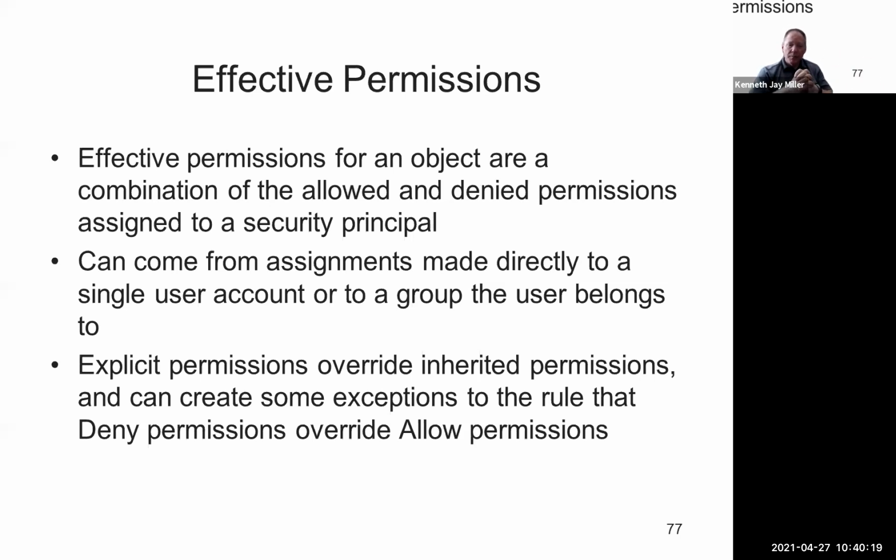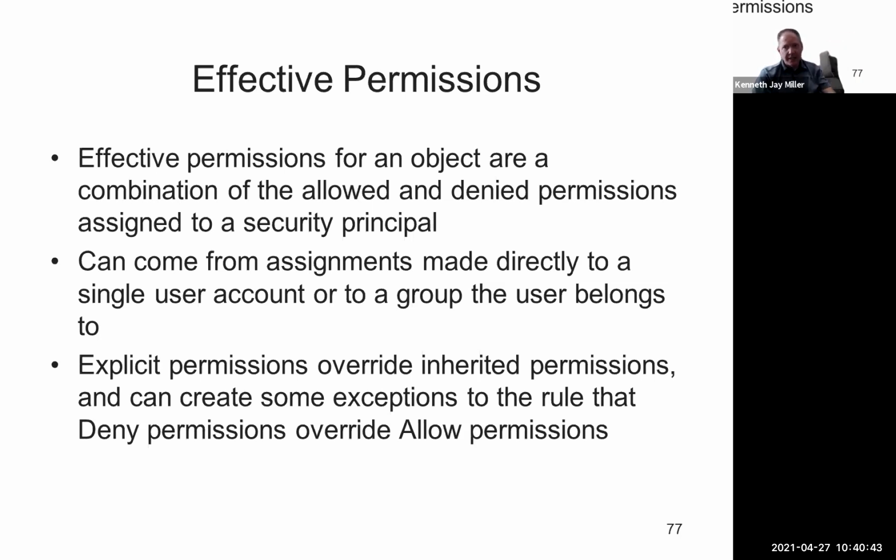Now, this can create some exceptions to the rule that deny permissions override allow permissions. So if the parent object is deny and you come down and allow, if you break inheritance, then it will be allowed.